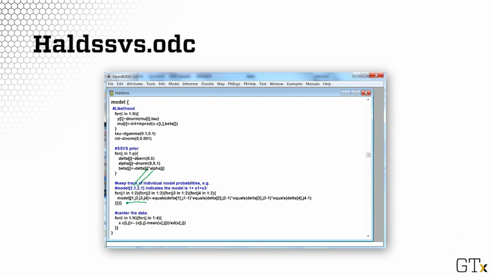So for example, if I have indexing 2, 1, 2, 1, that indicates that the intercept is always in the model, 2 for x1. For x2, I have 1, so not in the model. For x3, I have 2, that one is in the model. And for x4, I have 1, it is not in the model. So this 2, 1, 2, 1 is the model which is intercept plus first variable plus third variable.